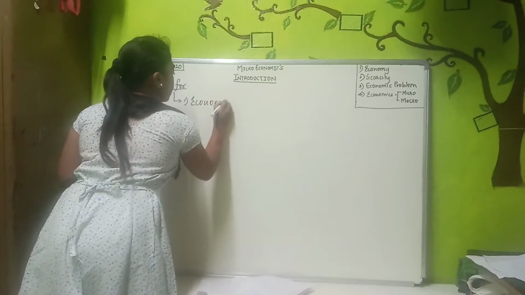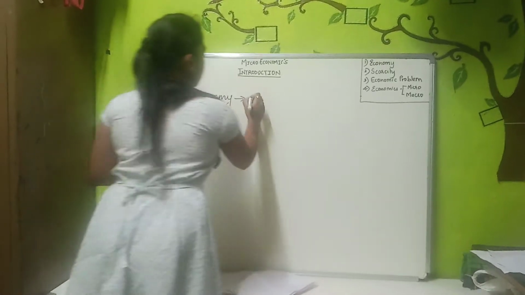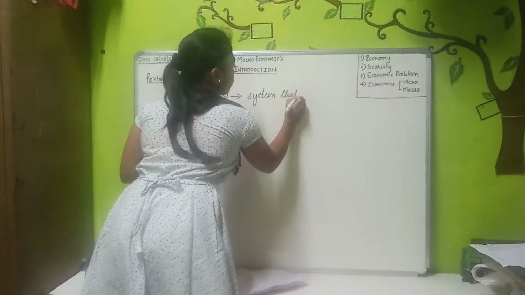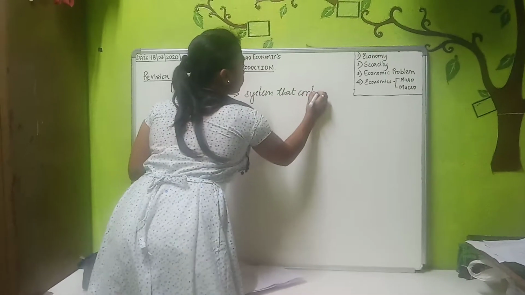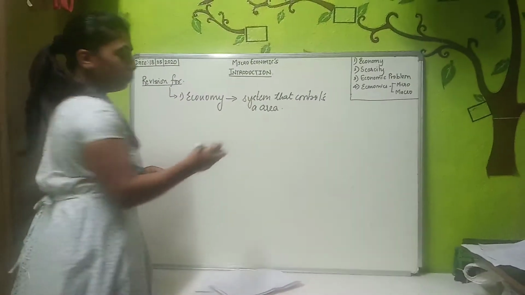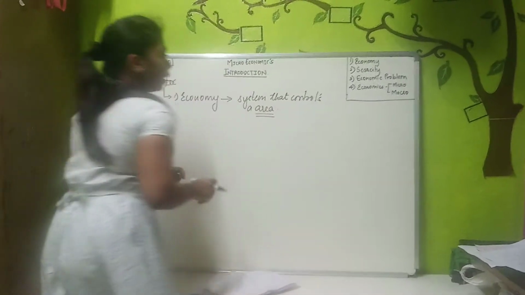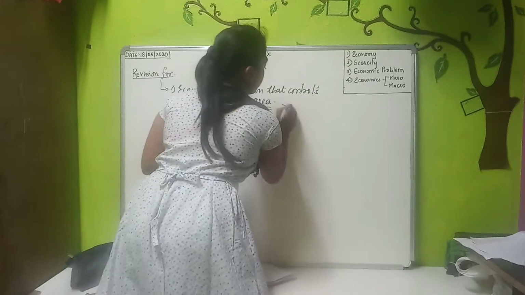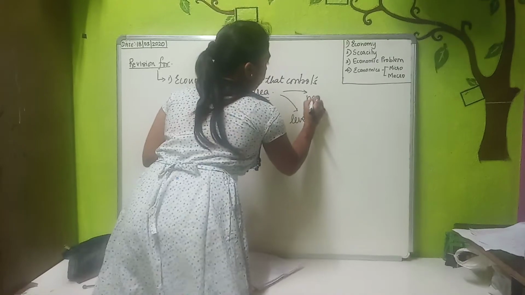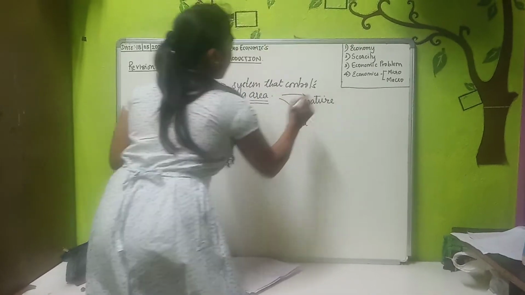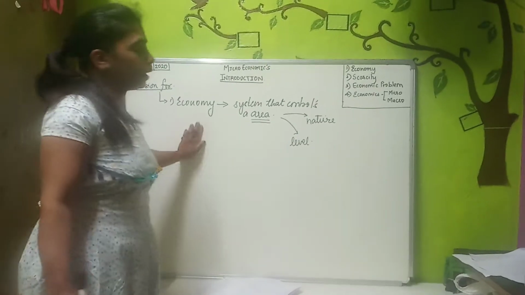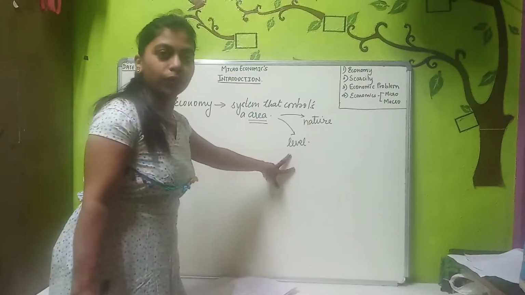When I talk about the economy, it basically refers to a system that controls an area. Do remember, it is an area. The control can be at two different levels, on the basis of level or on the basis of nature. Here the confusion arises: if I am talking about economy, how does economy get bifurcated into nature and level?